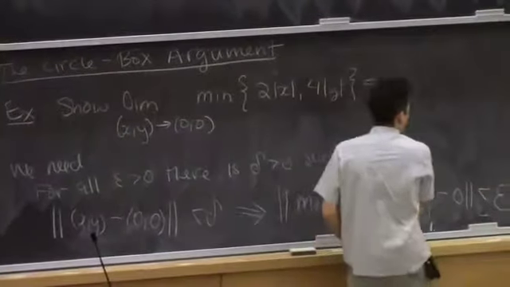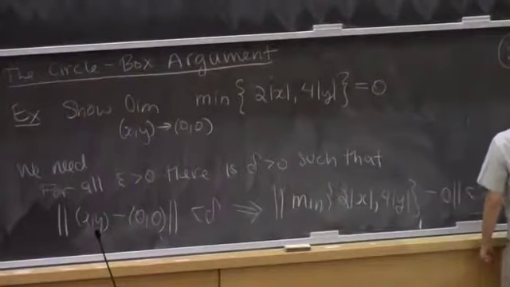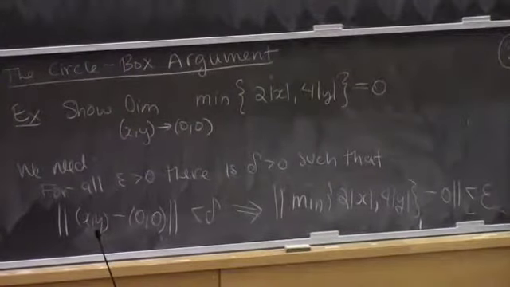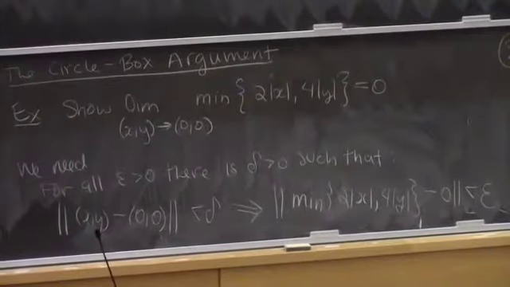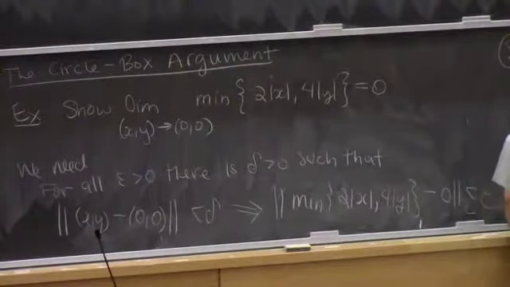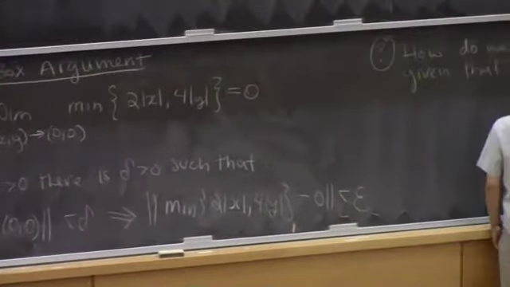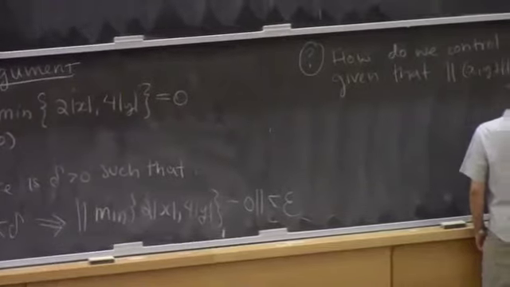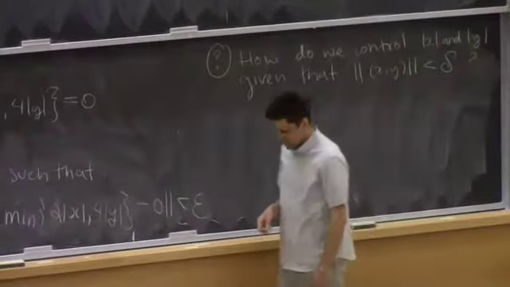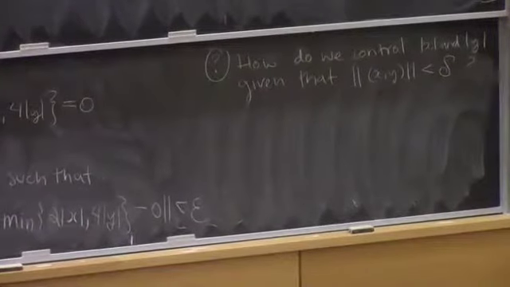So our question is, how do we control these values given that this is less than delta?